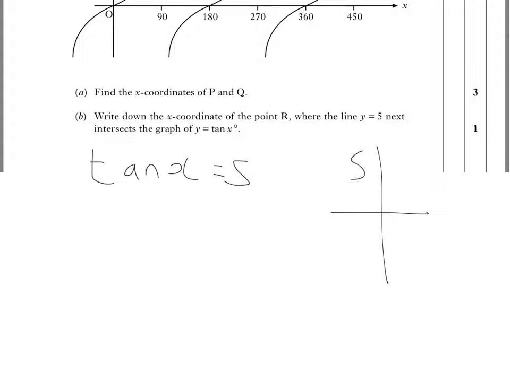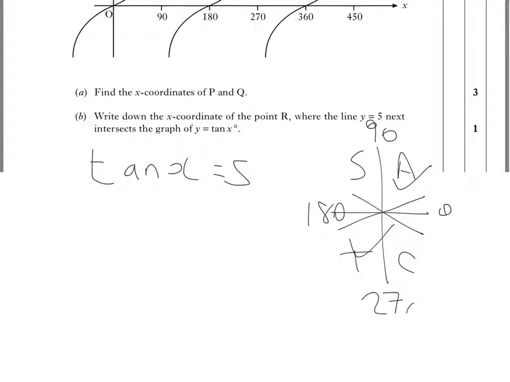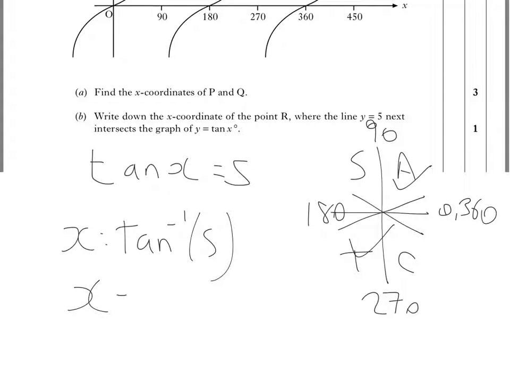I'm going to put down the CAST diagram, and I'll be in the O quadrant and the tan quadrant. So x equals tan inverse 5, and enter that information into the calculator.